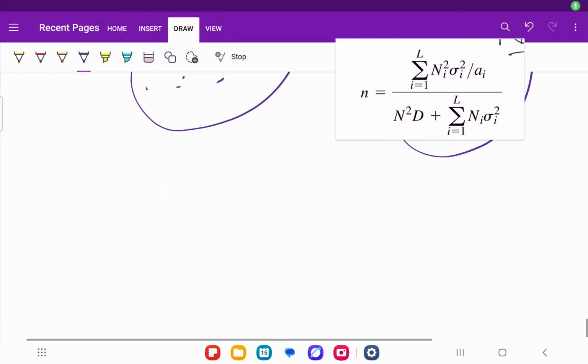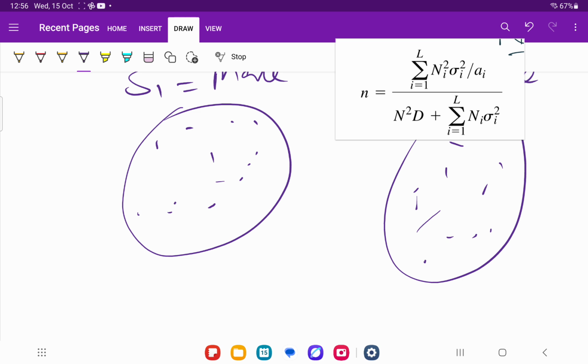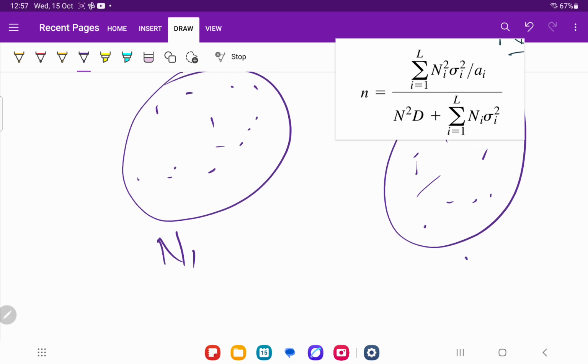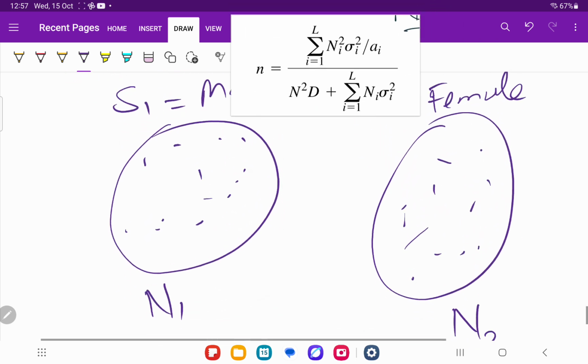So in each of the strata we have n1 number of individuals, n1 if it is S1, and n2 from the second one.